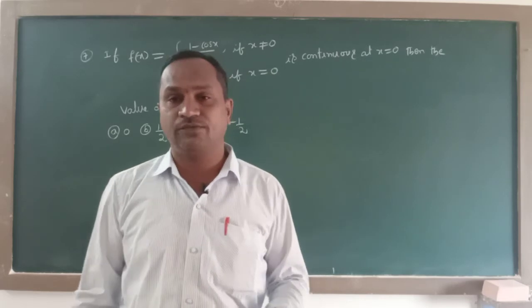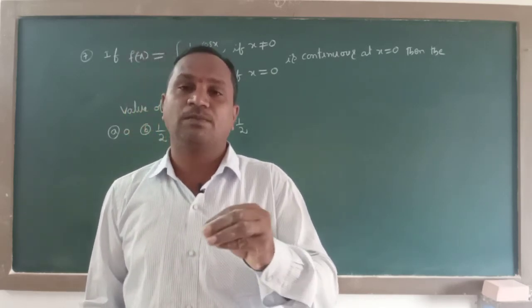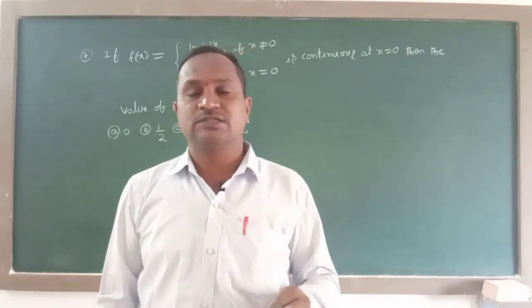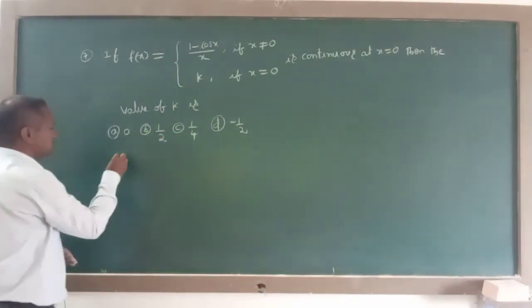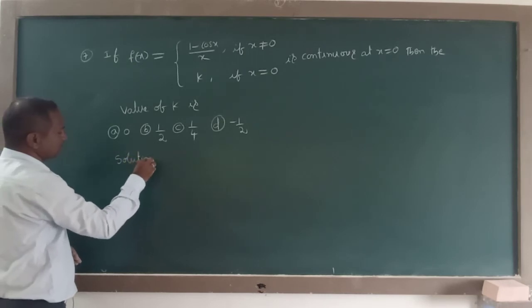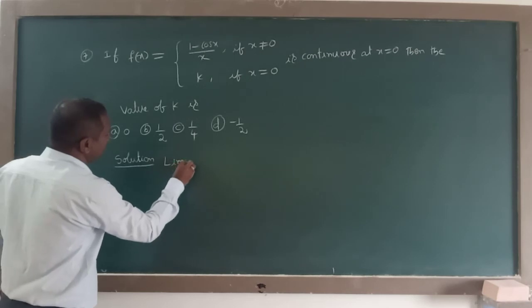Whenever you are getting 0 by 0 form, at that time better to apply LHR. LHR is nothing but L'Hospital rule here. See here. Solution to this question is, limit value is equal to function value.